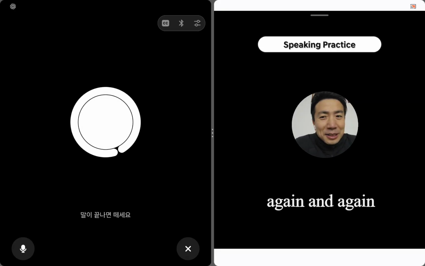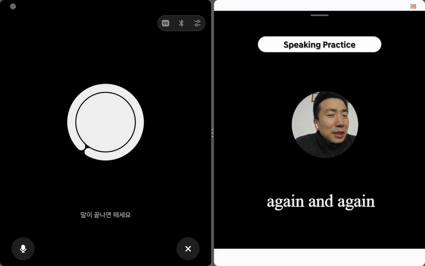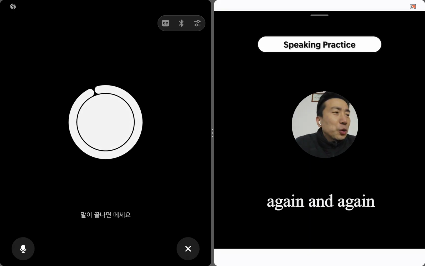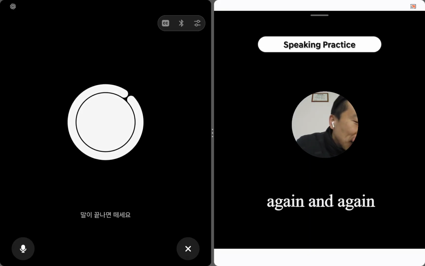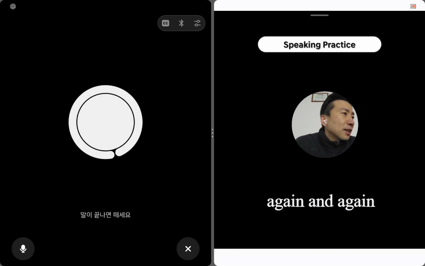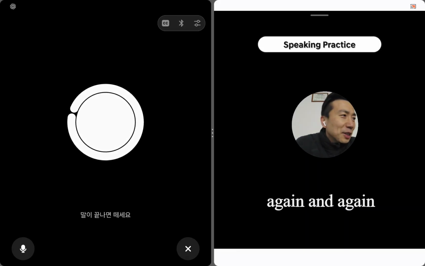GPT, I just shared three images that I wanted to practice today. That's today's materials, you understand?